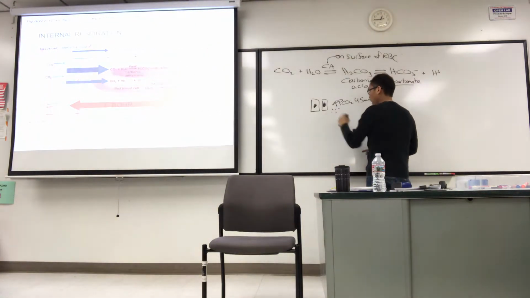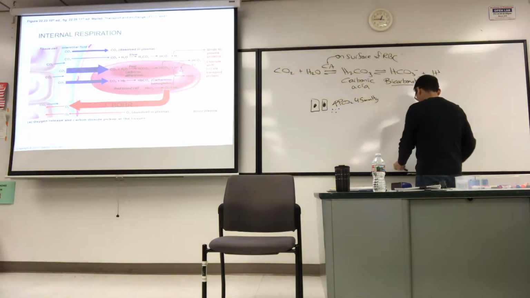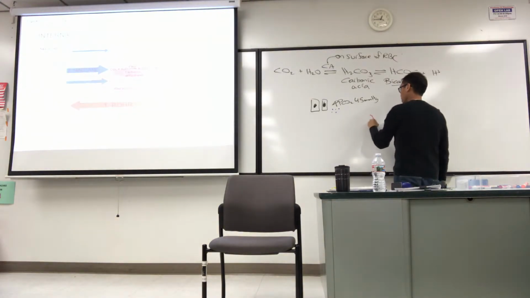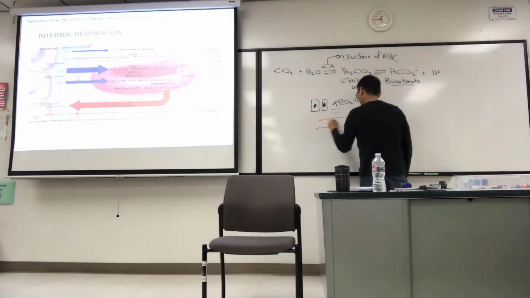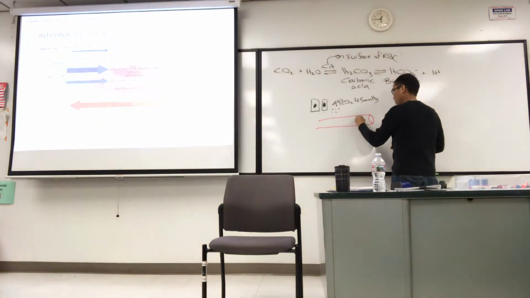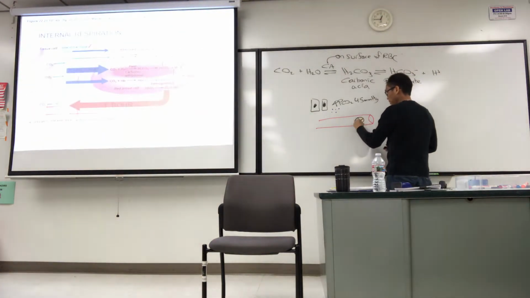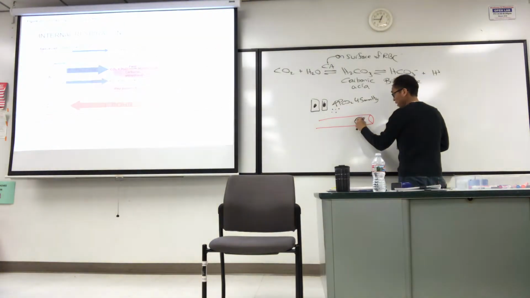Let me talk about the carbaminohemoglobin for a second. So blood's coming in, oxygen rich. Let's just say that you have your hemoglobin, 4 square circle. Let's say it's completely saturated, so I want to occupy every spot.